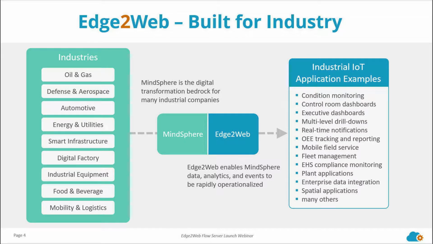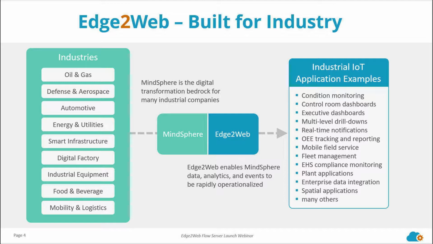When you think about Edge2Web, the way to position us is we are a low-code application development tool that was designed from the ground up specifically for industrial applications. When we think of industry verticals, our definition is things like oil and gas and defense and aerospace and so forth, all of the verticals listed on the left side of this screen, and many others.